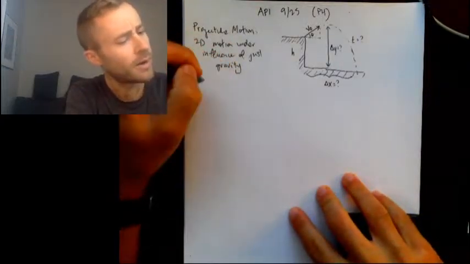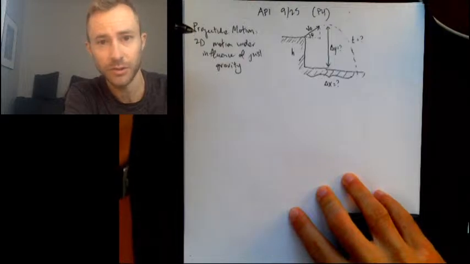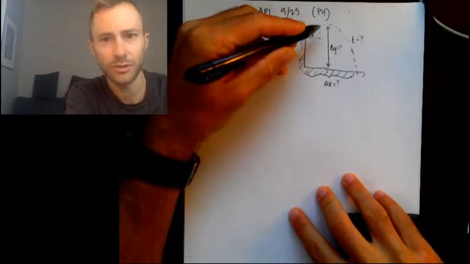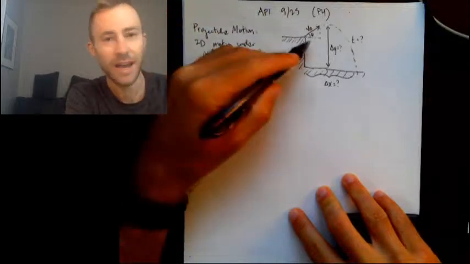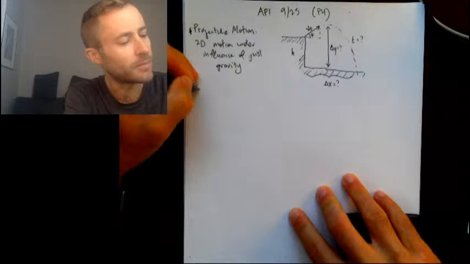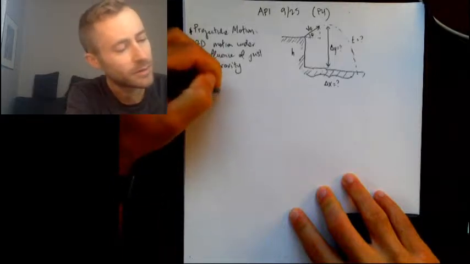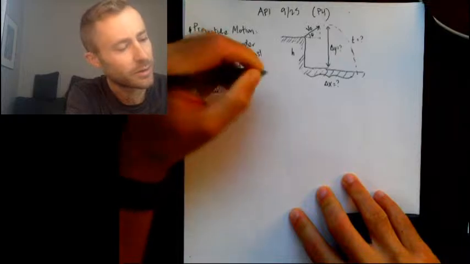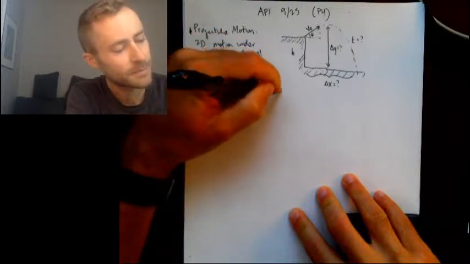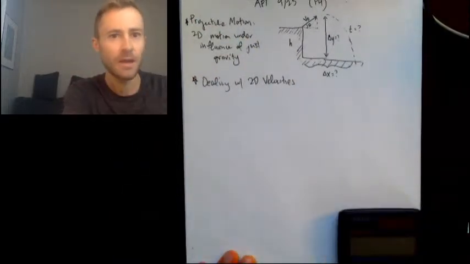All right. So I'm going to introduce the equations of projectile motion in just a moment, but I want to learn, how do we deal with this initial velocity that is at an angle. Okay, so I want to teach you how to deal with two-dimensional velocities.